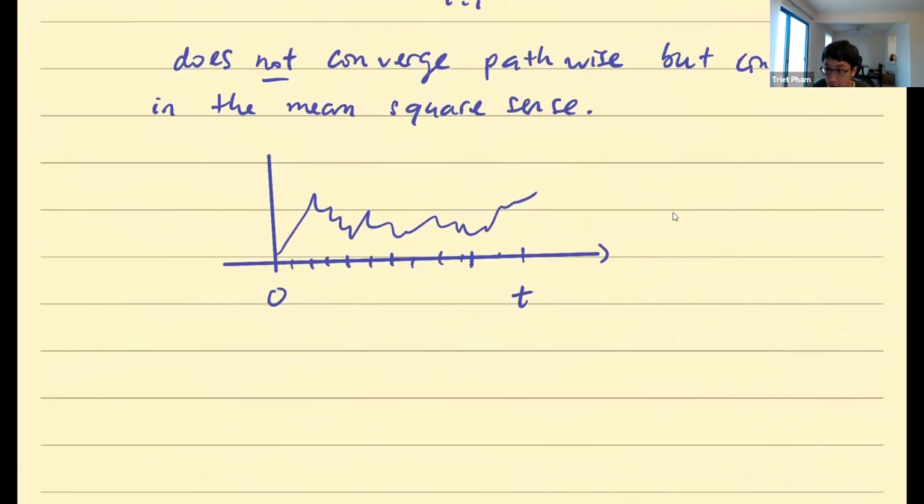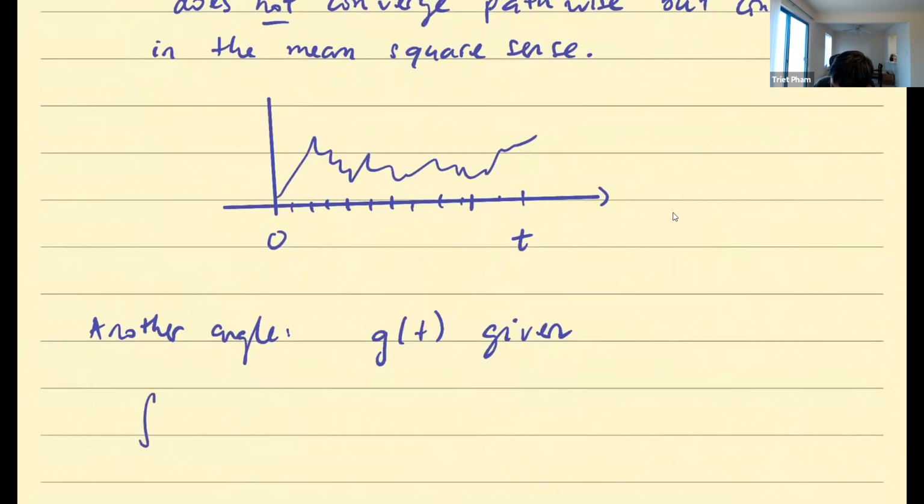Another way you can see this is this, that I'm not sure you ever played around with this, but have you ever tried something like this? Suppose you have a function g of t. You try to play around with calculating the integral from a to b of f of t dg of t.